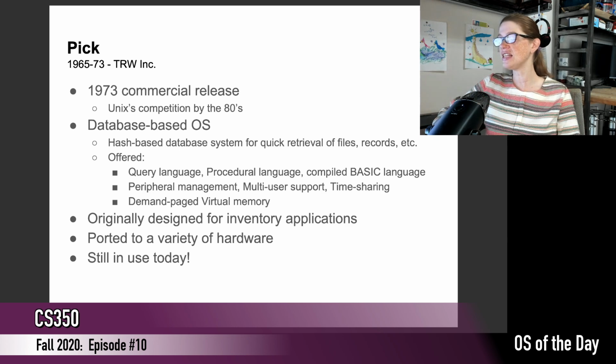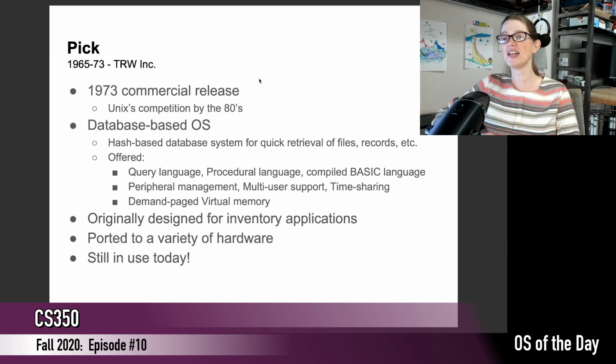This operating system was named for and created by a gentleman by the name of Dick Pick, and he ran TRW Inc. What's really interesting about the PICK operating system is the fact that it was Unix's major competition in the 1980s.